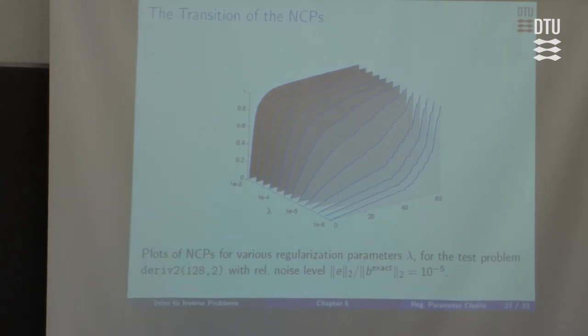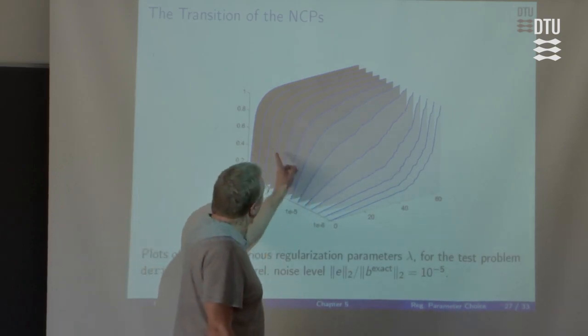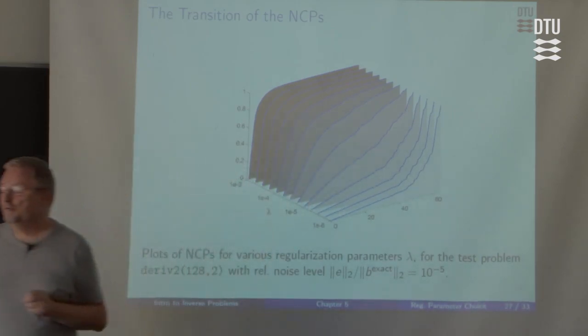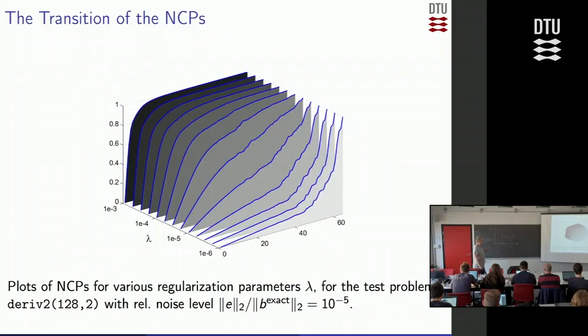Every Ncp is shown as one of these blue curves in this 3D plot. I plotted it this way because I wanted you to see the transition of the Ncp curve as we change the regularization parameter.